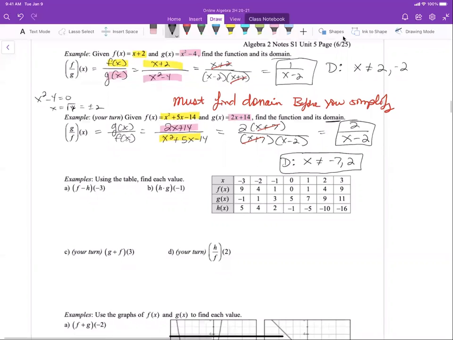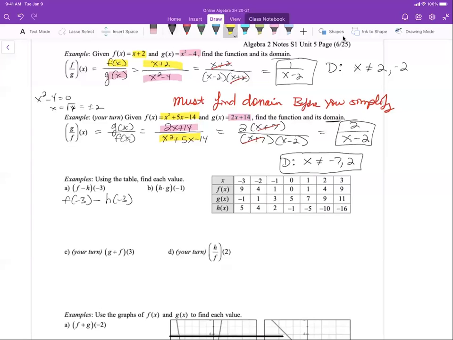All right. Moving on. Now we have some additional examples where we need to use the table to find each value. So we have f minus h of -3. This is the same as f of -3 minus h of -3. And this time we're going to use the table.